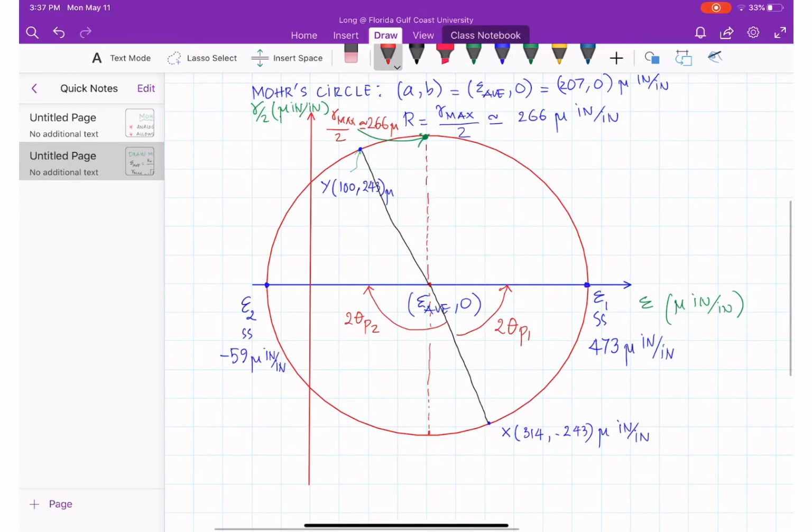Whatever you measure from your protractor is divided by 2, and theta p2 is clockwise while theta p1 is counterclockwise. And then you also have the angles for theta s, so this is 2 theta s1, and this is 2 theta s2.